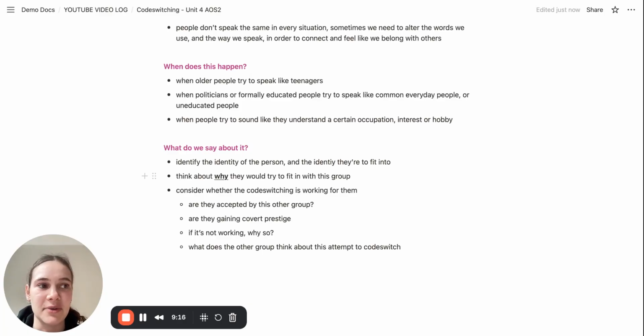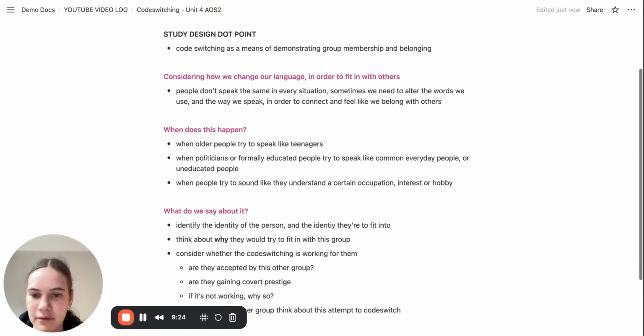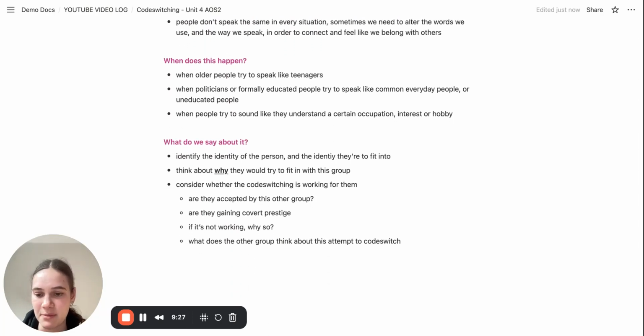It's likely they're trying to connect with younger people or seem younger is generally the two ways that we think about that. Whereas if we thought of politicians, why would they try to fit in with a group of uneducated people or common everyday people? They might be trying to get votes, trying to seem more genuine, trying to seem more relatable, a lot of those things.